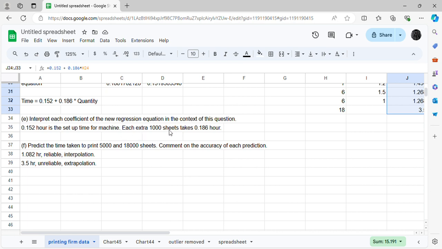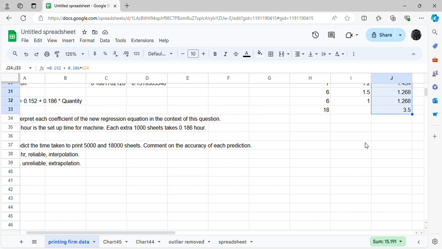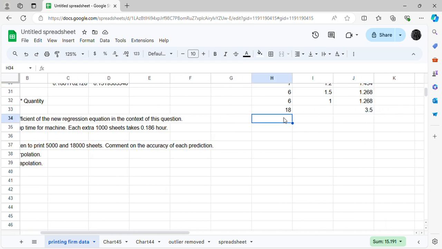And each extra 1000 sheets takes 0.186 hour. Predict the time taken to print 5,000 and 18,000 sheets. Comment on the accuracy of each equation. So 18,000 sheets and 5,000 sheets.